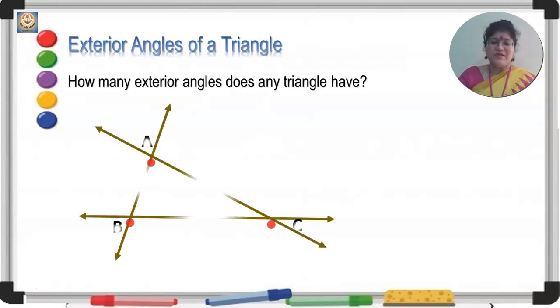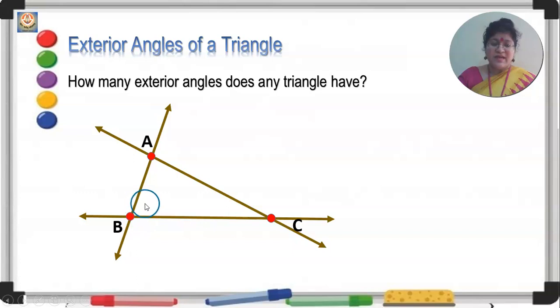Now I have drawn a triangle ABC, and I've extended the sides, that is, the sides are produced. So this is the figure that I get. Now, which are the exterior angles of this triangle? The clue out here is, look at the interior angle. This is the interior angle. Do not take the vertically opposite angle.